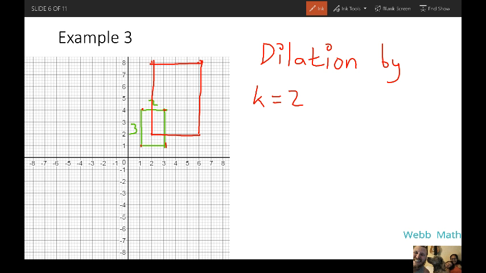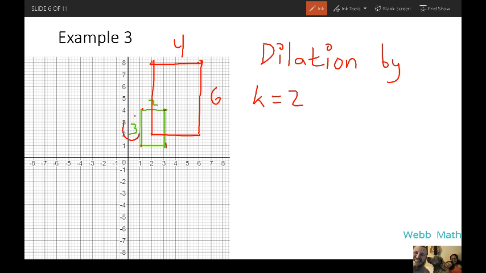So are they similar? Well, let's look at the dimensions for the red rectangle. Okay, his length is definitely 6, and his width is 4. So remember, if they're similar, they have the same proportions, the same ratios. So remember, they went through a scale factor of 2.